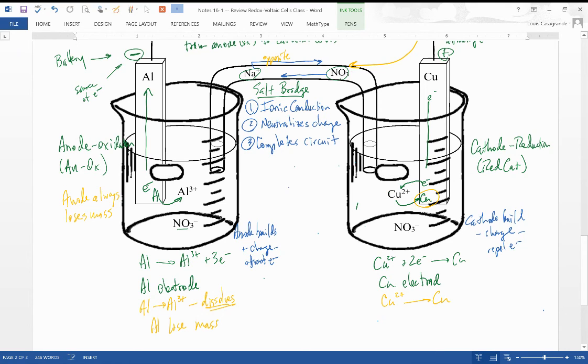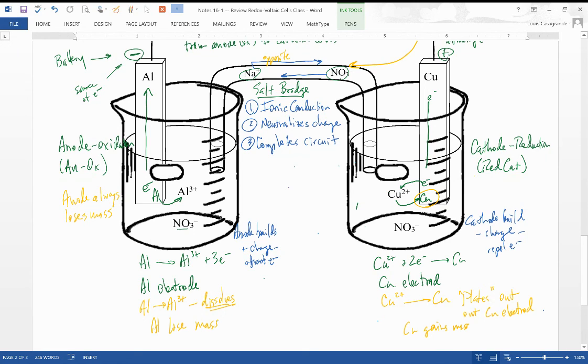On the right-hand side, the copper 2+ gets reduced and forms copper metal. And that copper metal, as I said, plates out. We call it plating out. It attaches onto the copper electrode. And so the electrode in the cathode always gains mass.